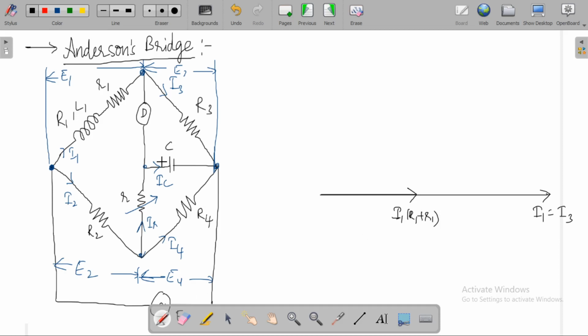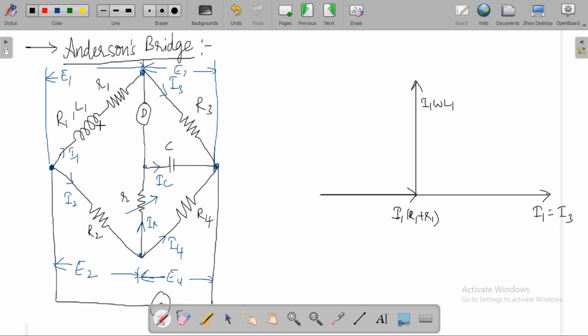Now let us draw the voltage across inductance L1. Voltage across the inductor leads current by an angle of 90 degrees. So the phasor voltage across the inductor is I1 omega L1.